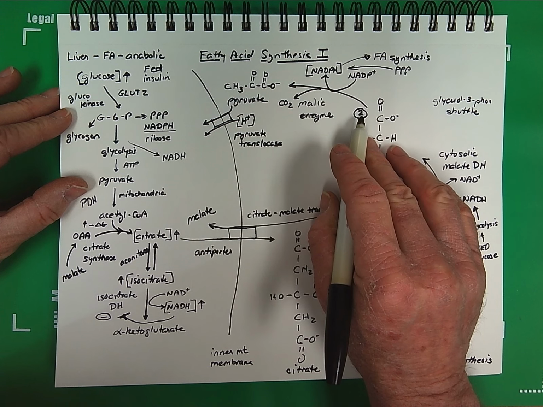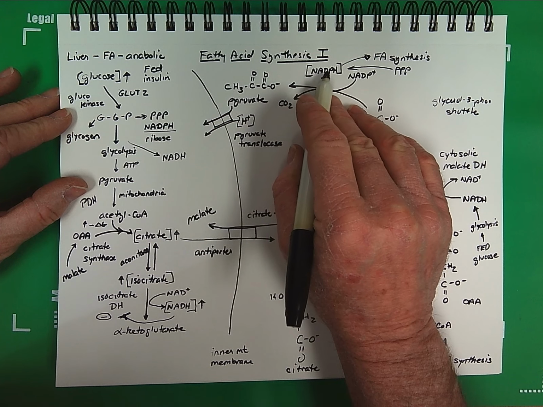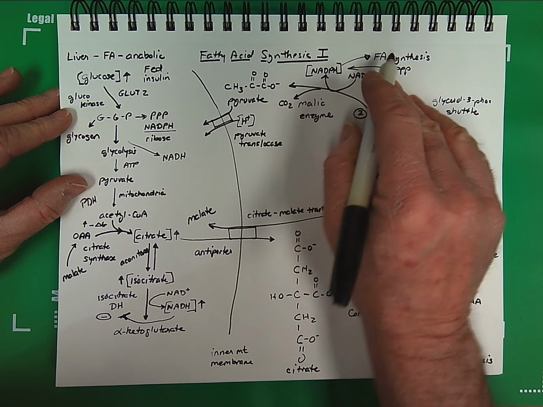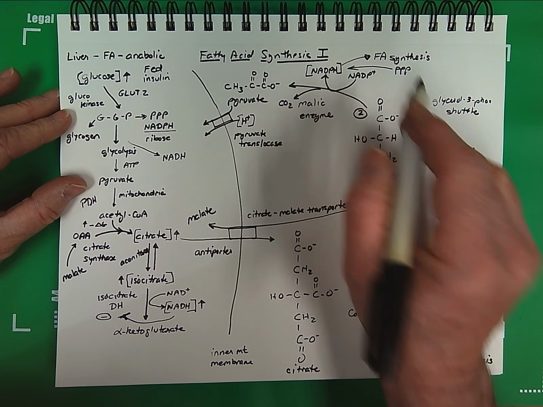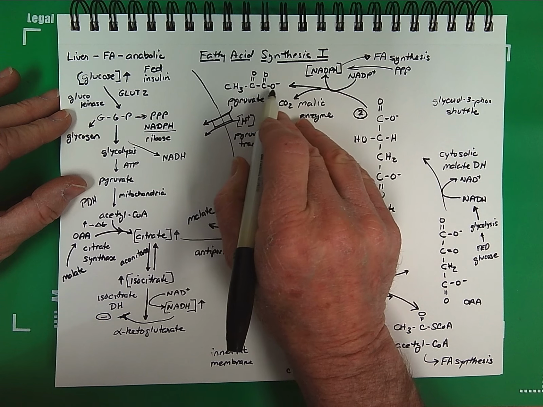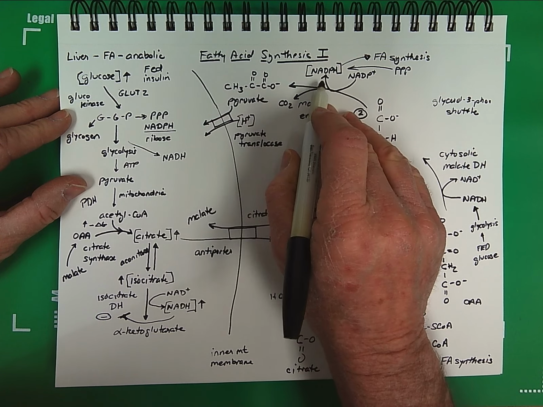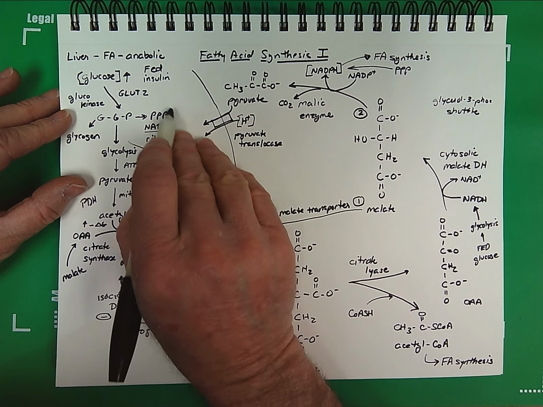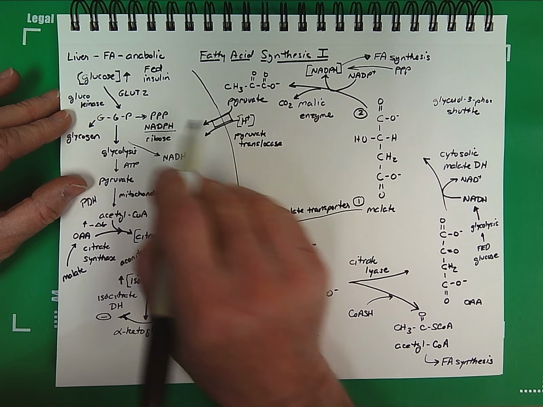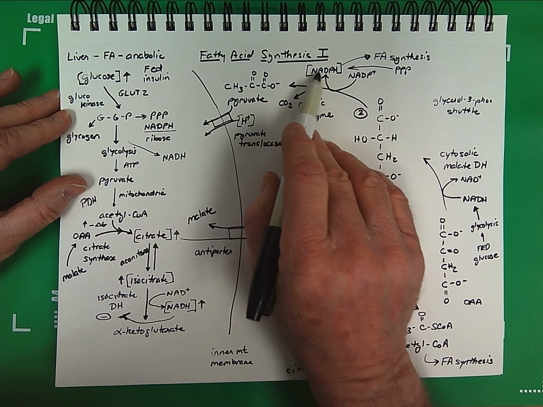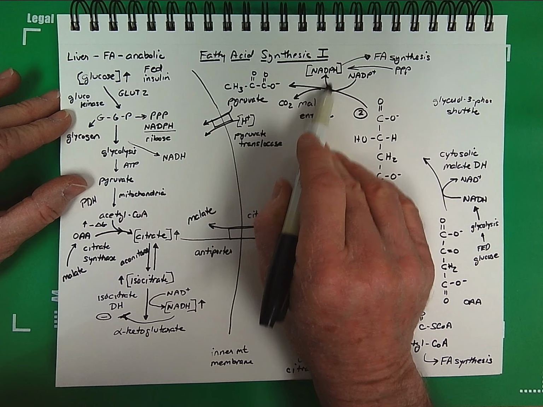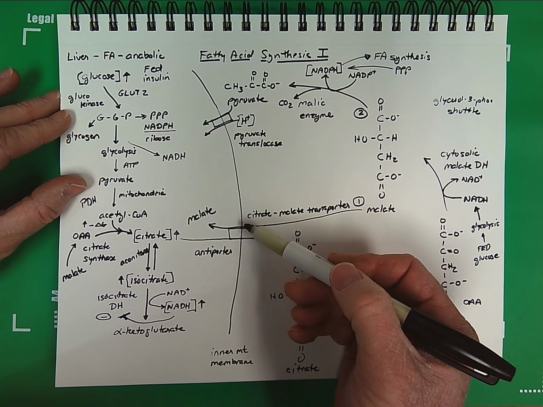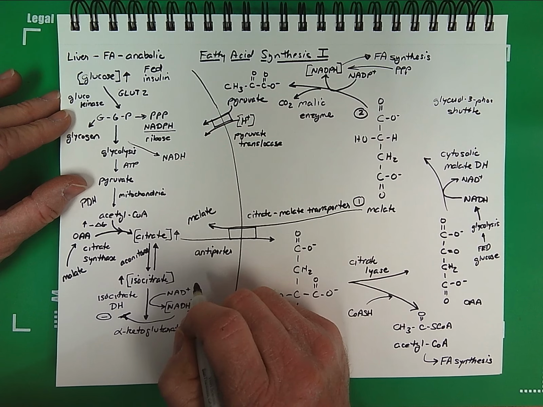So path number 2 will be dictated by NADPH levels. So if these levels start becoming low because of intensive fatty acid synthesis, then we are going to be shuttling our malate into pyruvate to restore this. If our levels are still high because of much activity in the pentose phosphate pathway, then the malic enzyme will be inhibited by high levels of NADPH, and path 1 for malate going through the citrate malate transporter will be preferred.